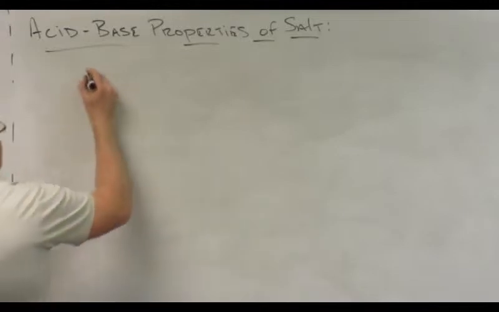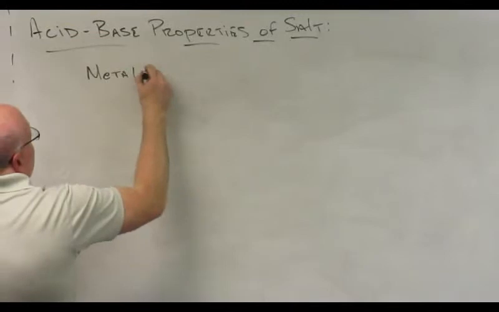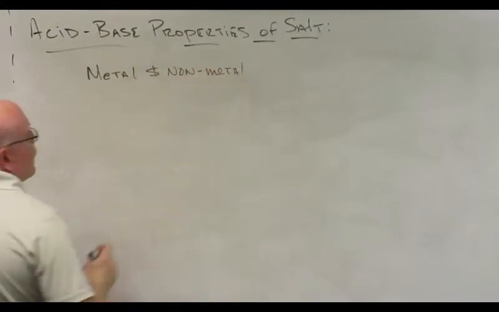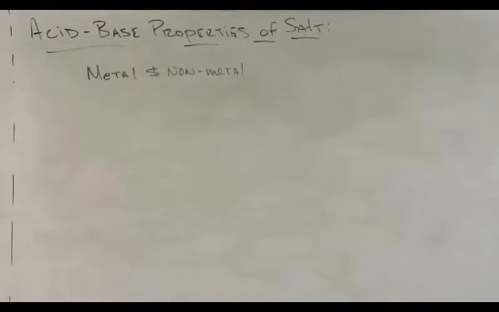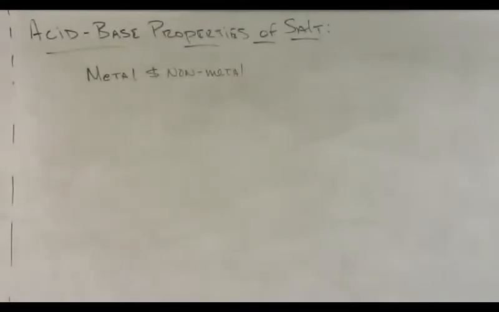When we talk about a salt, we're talking about a metal and a non-metal linked together. A positive species, a negative species. We have ionics involved. And we know that salts dissociate in water.